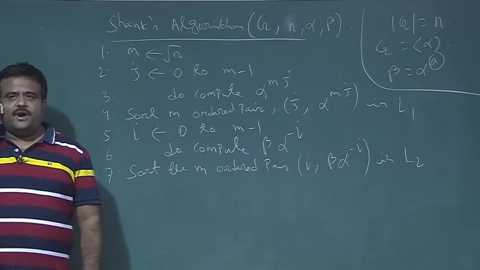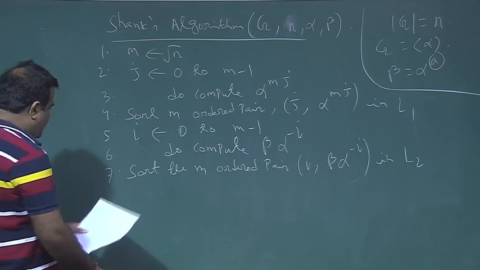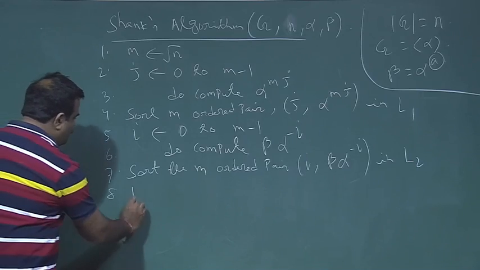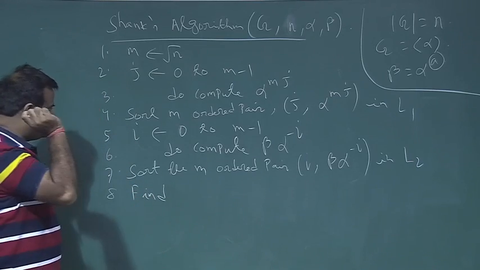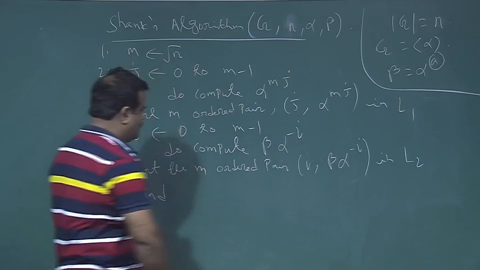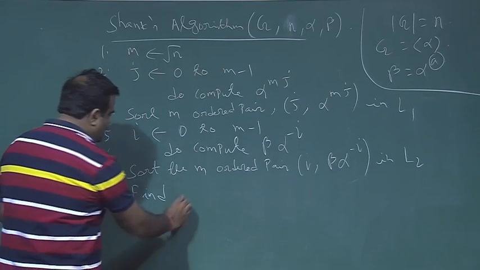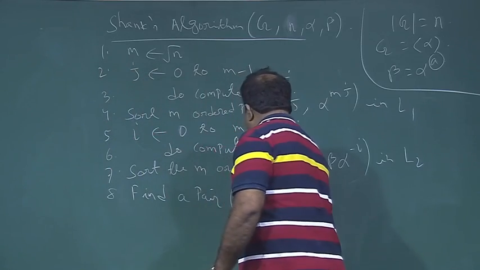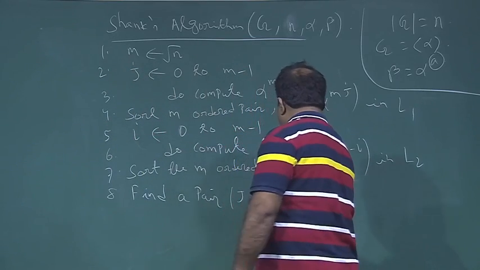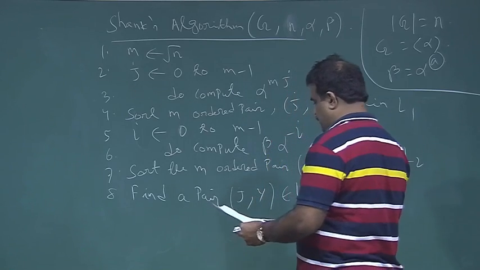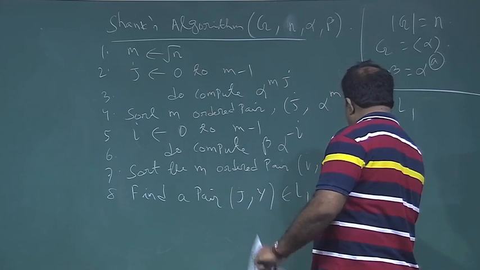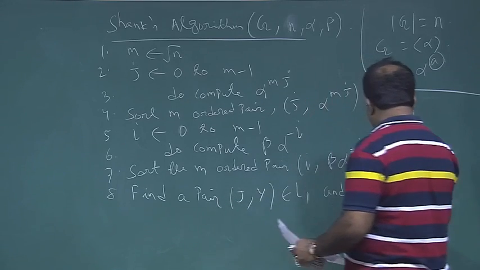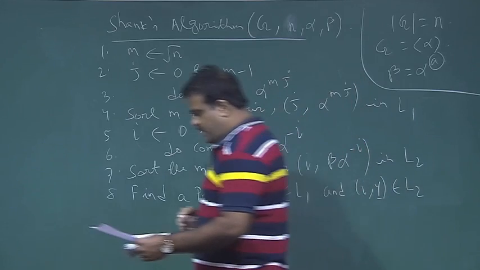Now, we match the endpoints. Suppose we find a pair, say j comma y in L1, and i comma y in L2, having the same y value, the same endpoints.